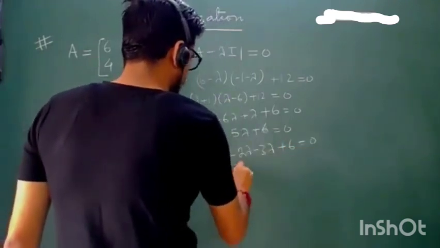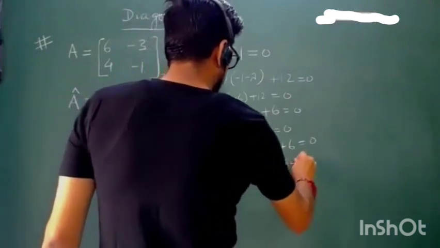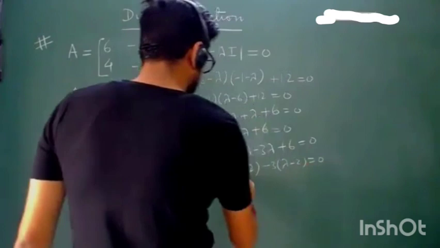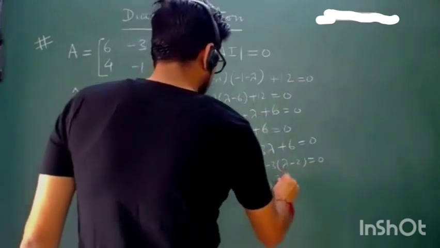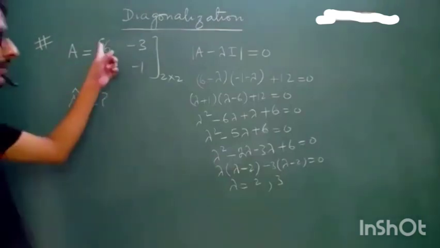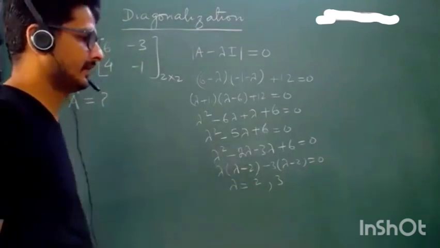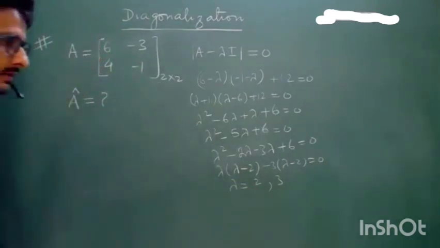So it will become lambda into lambda minus 2 and minus 3 into lambda minus 2 is equal to 0. So lambda will become 2 and 3. Okay, and from here also you can see the trace is 5 and the summation is 5. So you can check also. Correct?